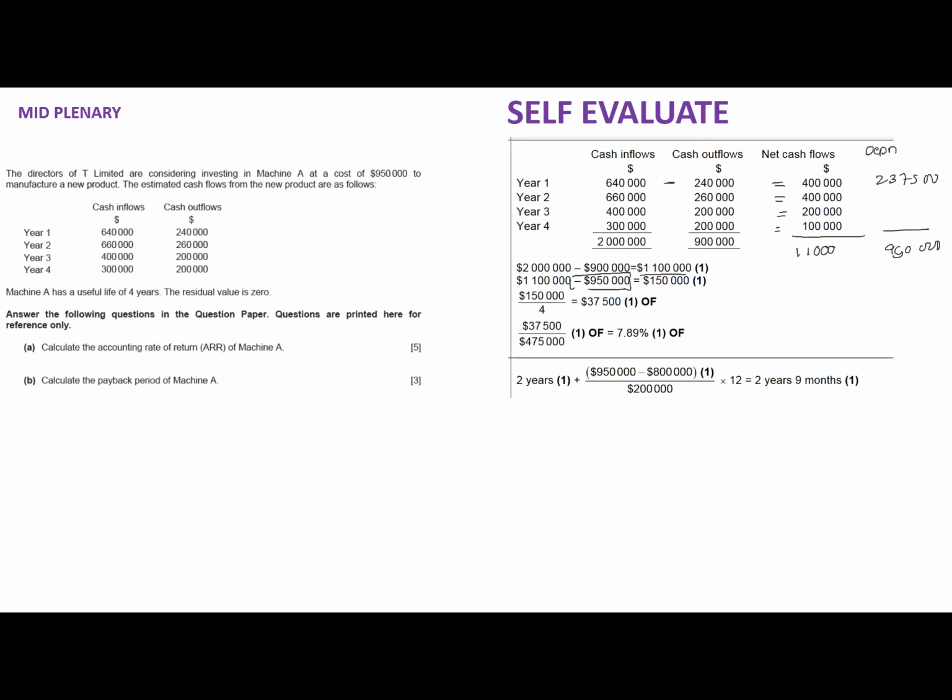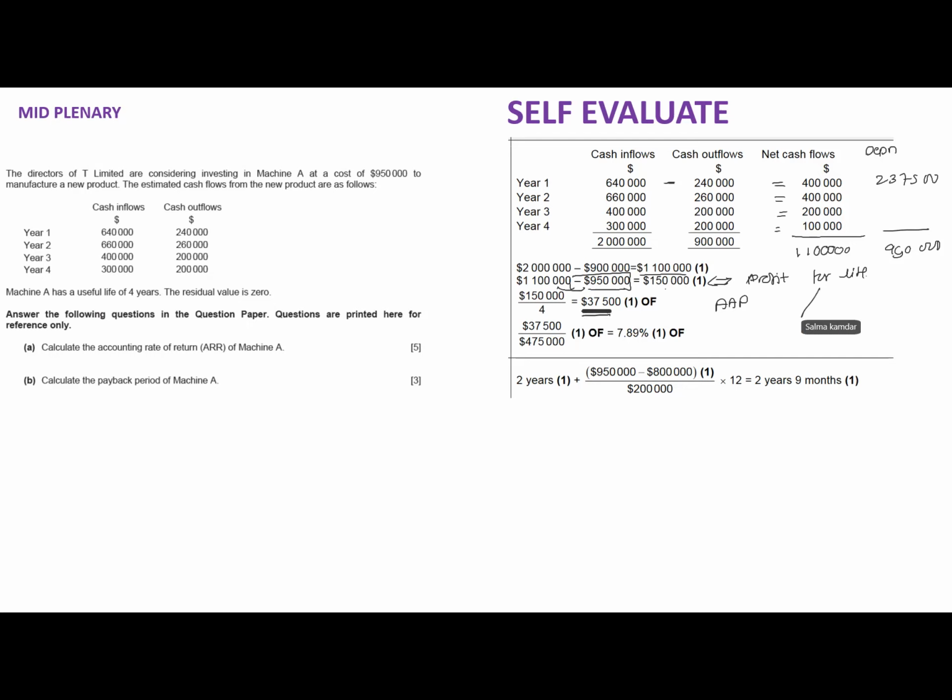So what is my profit? Profit for the life of investment is 150,000 dollars. Now upon the average useful years, annual profit is how much? 37,500.